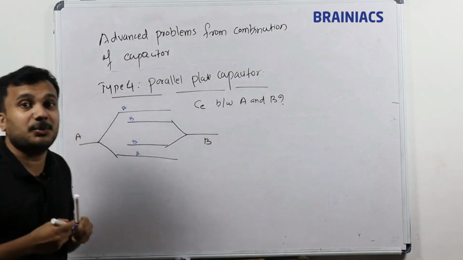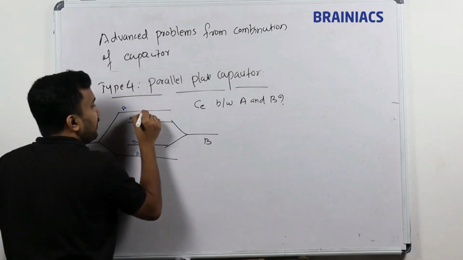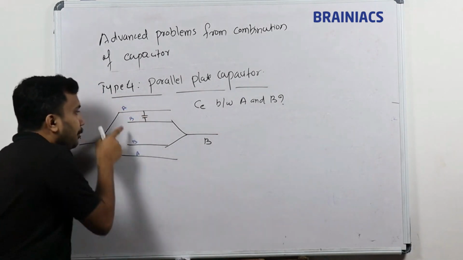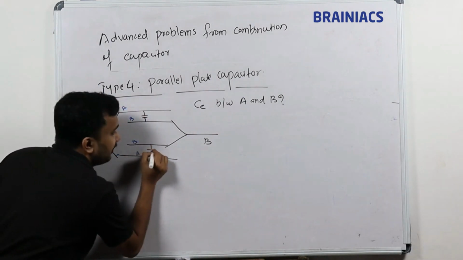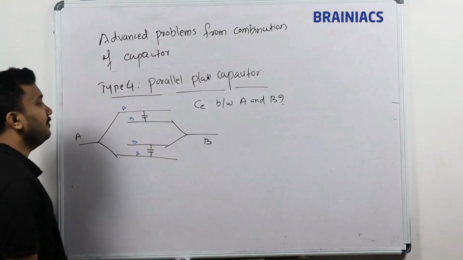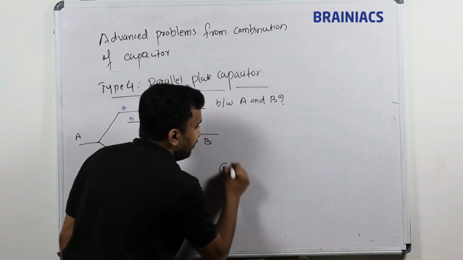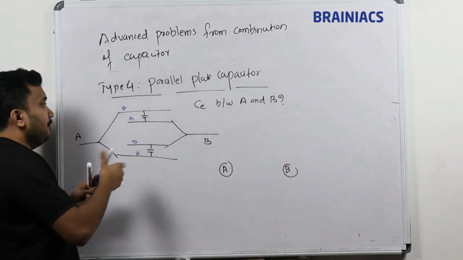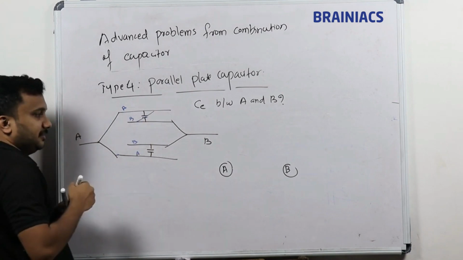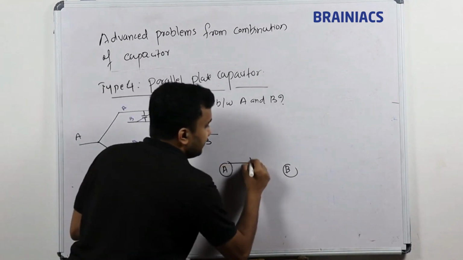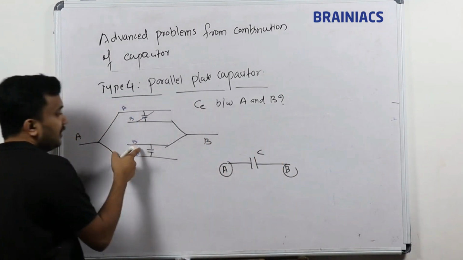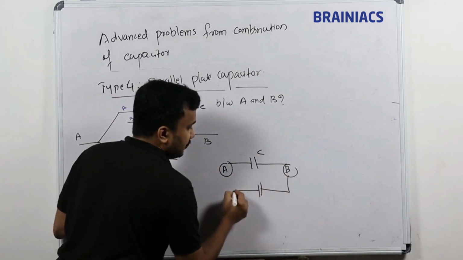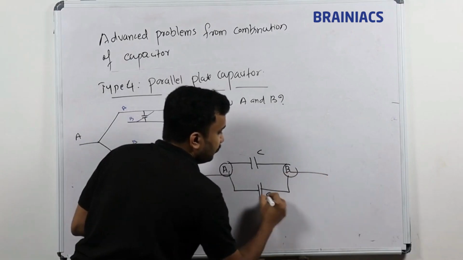Capacitances exist between different plates. So one capacitance will be here. Here, any capacitance? No. Why? B and B are the same. Here is one capacitance. First, between A and B we have this capacitance, C, and here we have another capacitance between B and A. What connection do you get now?